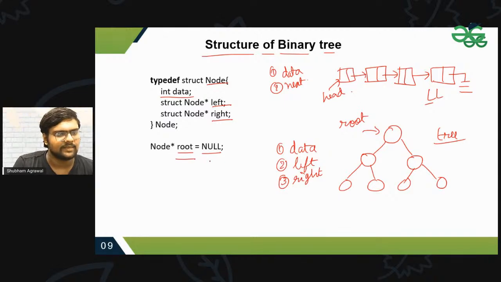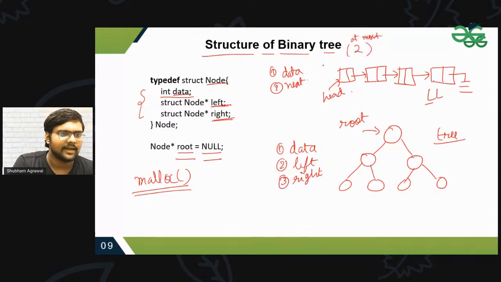We can create a node using the malloc function, as we studied in dynamic memory allocation. So this is the basic structure of a tree, with a data element, a pointer to the left and a pointer to the right. Since a binary tree can have at most two children, left can be null, right can be null, or one of them can be null and the other not.